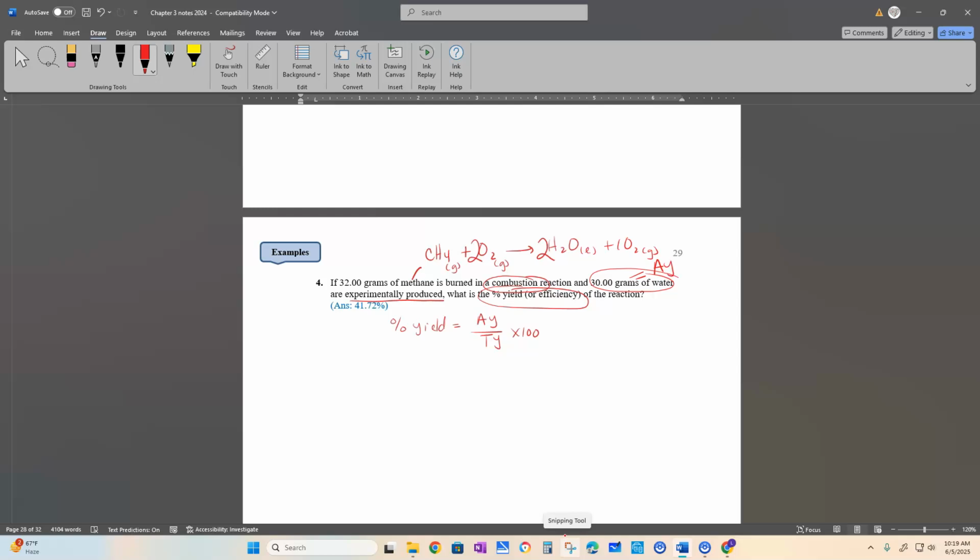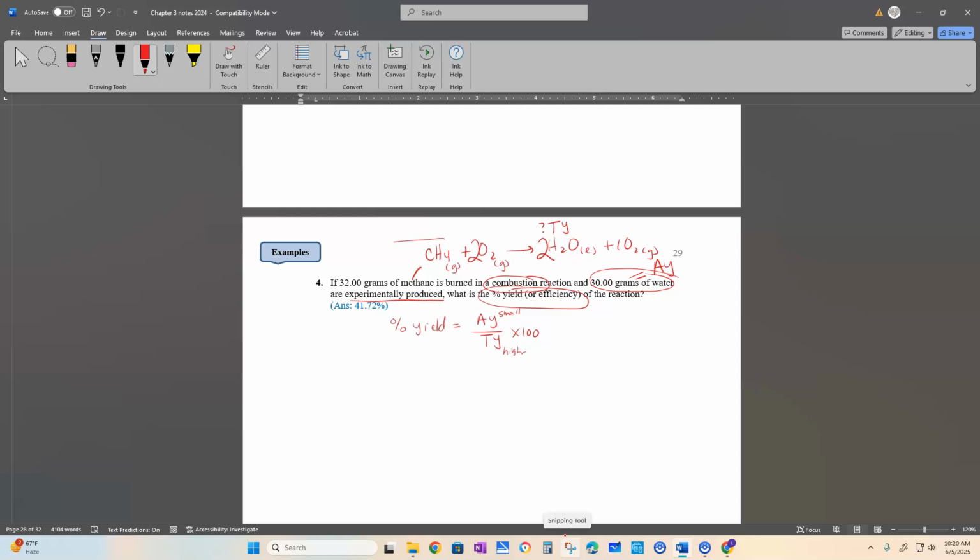So here's the question: theoretically, what was I supposed to produce for water? I got 30 grams, but theoretically means I probably should have got more than 30 grams. Remember, the number on top will always be smaller, and the number on the bottom, theoretical, will always be higher because you can't get over 100%.